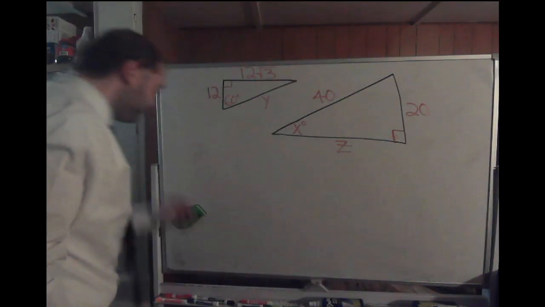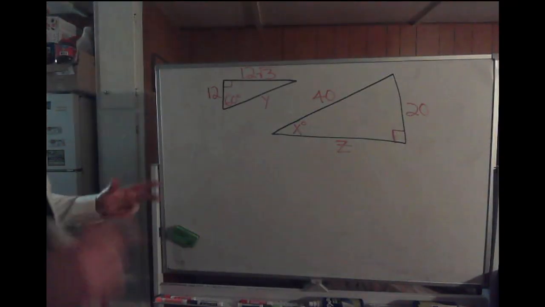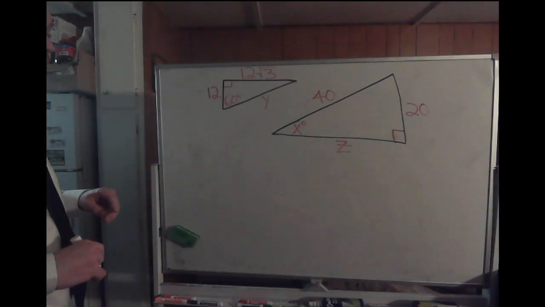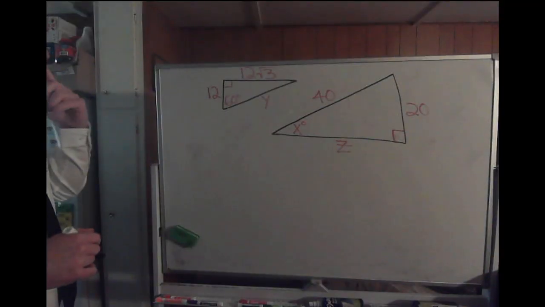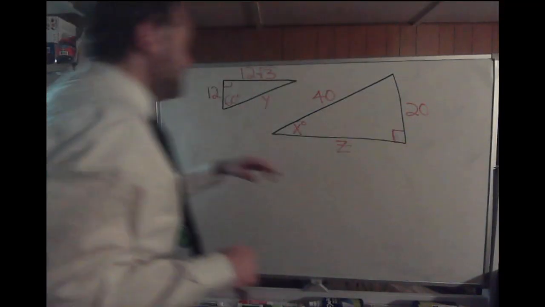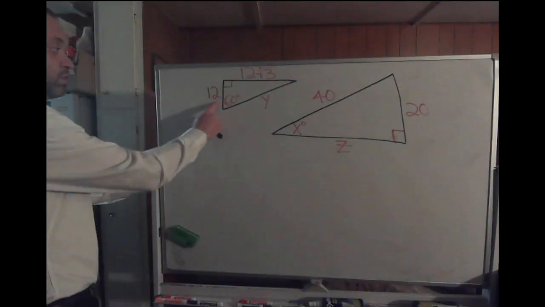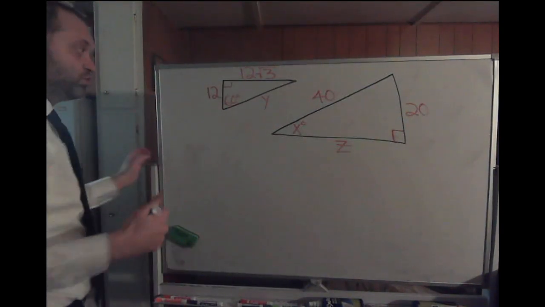Now, again, first thing you want to do, find your scale factor. The only thing we can conclude for sure with each of these is you have 12 to 20. Only one pair of corresponding sides both have actual numerical values.